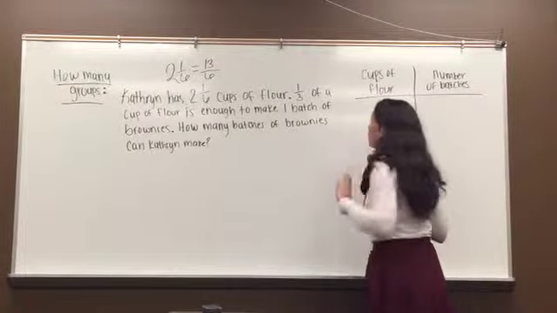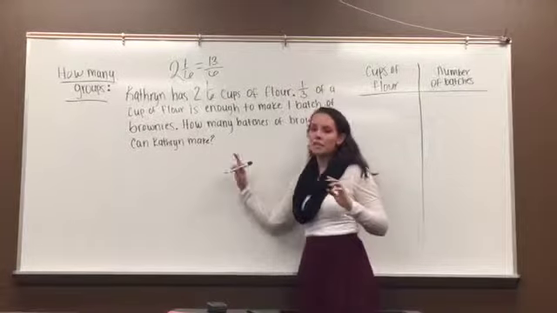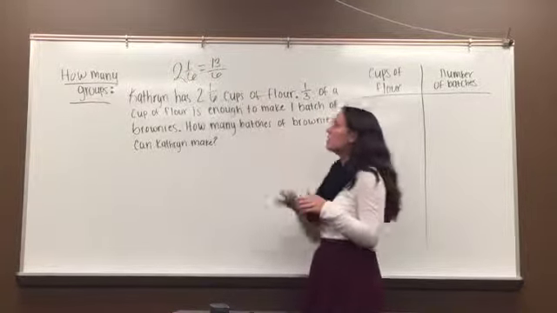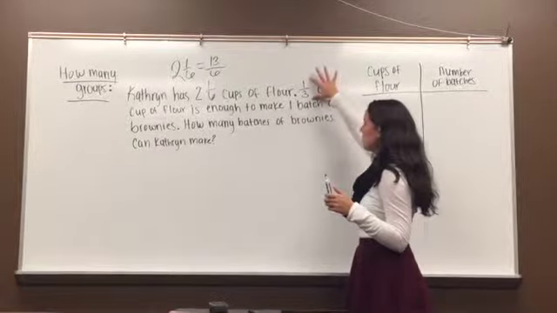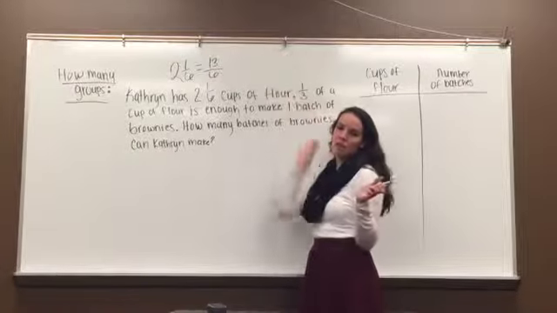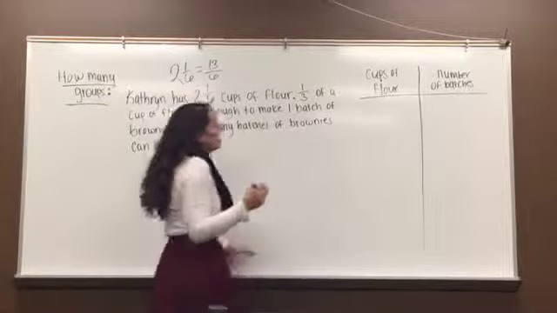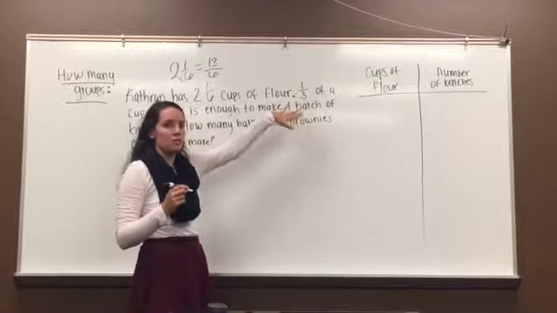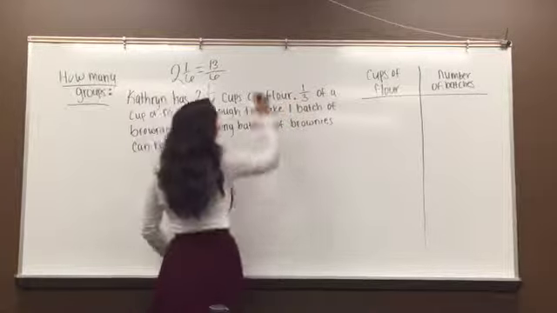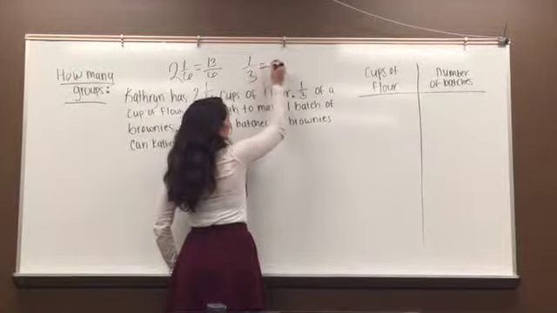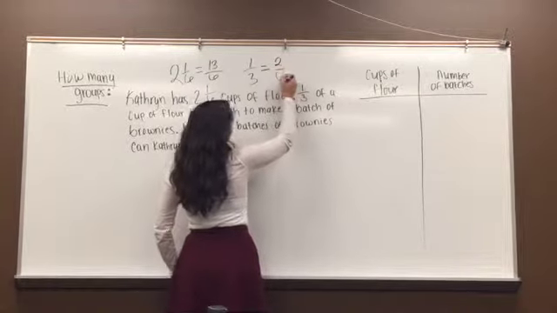So we know that our goal is to find out how many batches we can make with 13/6 cups of flour. So it'll be a lot easier if we can make these two fractions have the same denominator, so it'll be easier to compare. So in order to get a 6 in the denominator of 1/3, we can just multiply it by 2, which is 2/6.